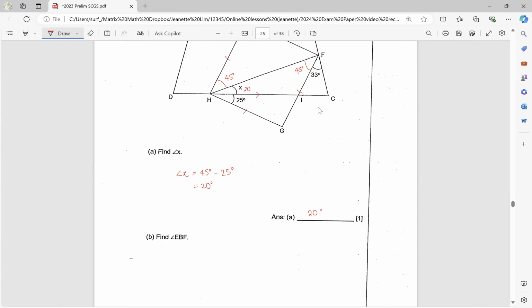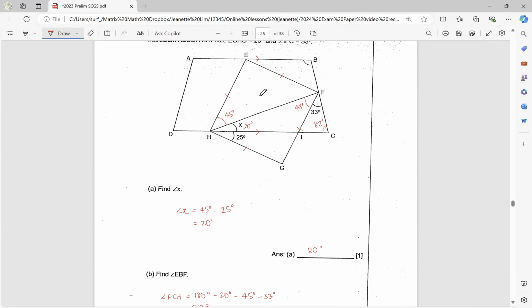X is 20. So angle FCH is 180 minus 20 minus 45 and minus 33, which is 82. So this over here is 82 degrees.